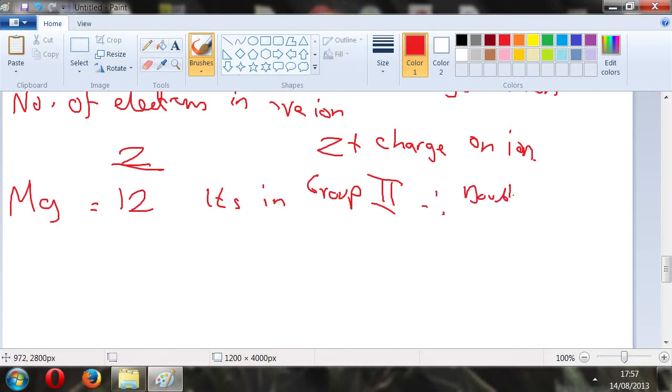Therefore, double charged ions, so we call them 2 plus. So we put the integer value before the sign.